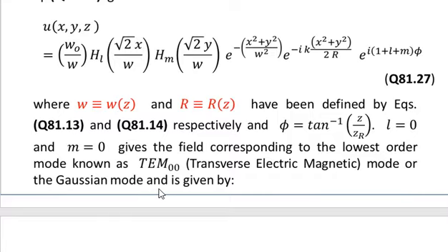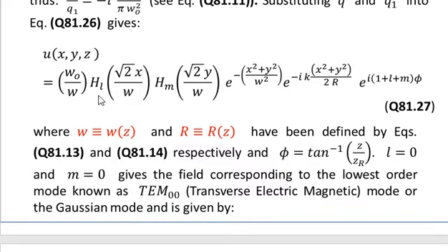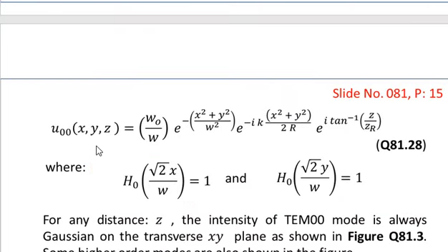So using L equal to 0 and M equal to 0 in equation number 27, we get u of 0 0 as a function of x, y, z equal to w naught over w e to the power minus (x square plus y square) over w square, then e to the power minus iota k (x square plus y square) over 2R, then e to the power iota tan inverse of z over zR, where H naught and H naught, both due to L equal to 0 and M equal to 0, are equal to 1.